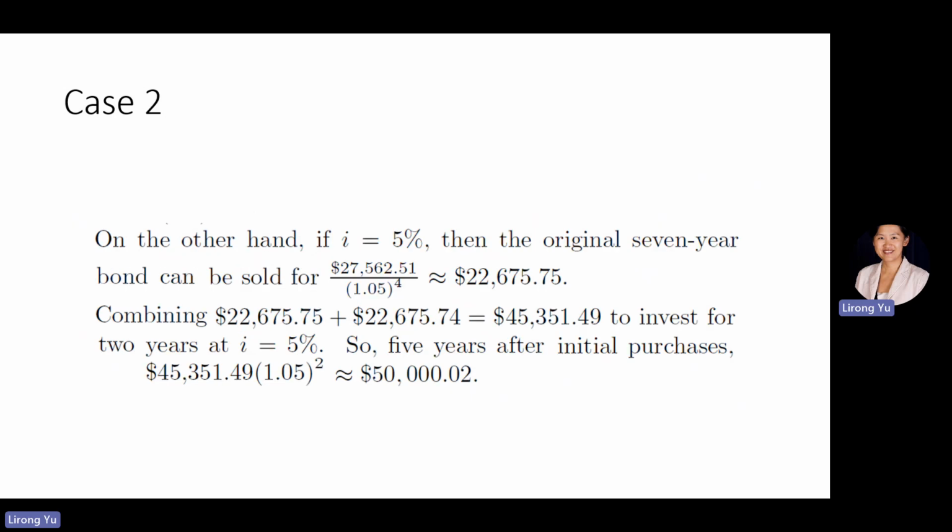Then second case, if I equal to 5%, then again we will discount the future value 27,562 with 1.05 to the power 4. Then we have the actual cash flow at time three combined with the original maturity value of the 3-year zero coupon bond. So this is our value.